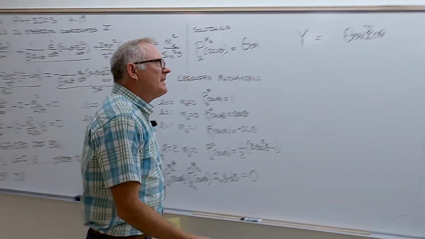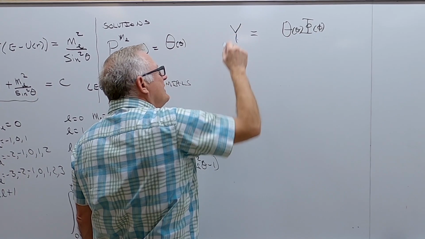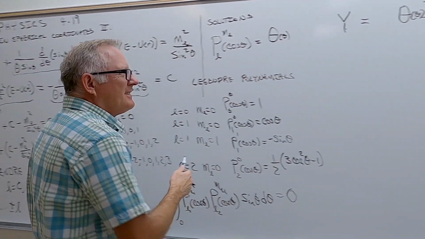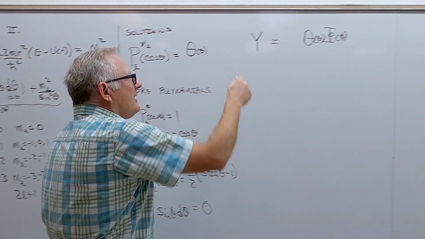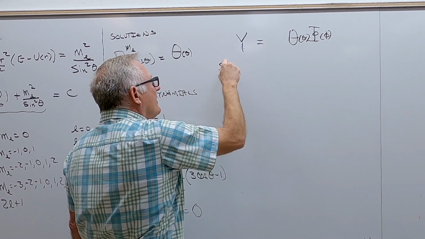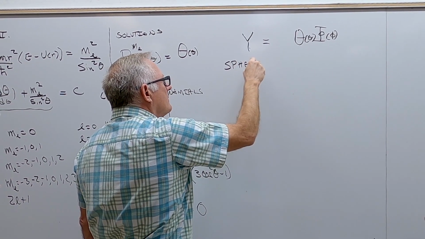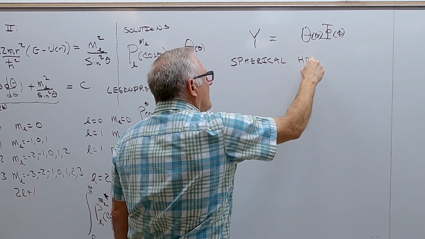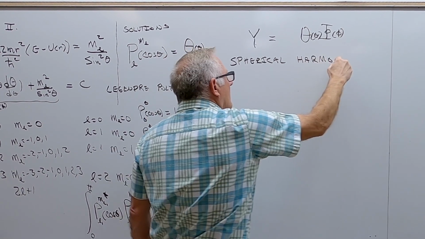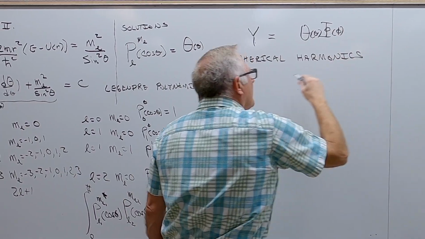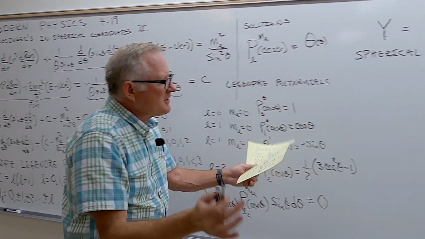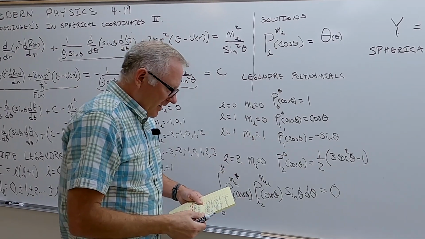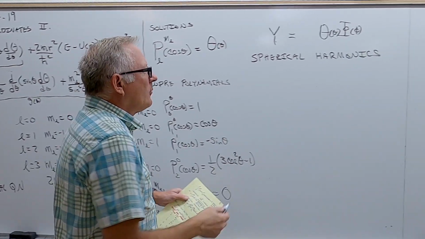They have given these a name, these Y's, which they use a lot more than the thetas and the phis. These Y's are called spherical harmonics. Now these are wiggles on the surface of a sphere.